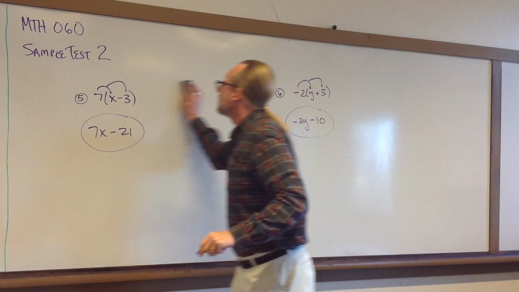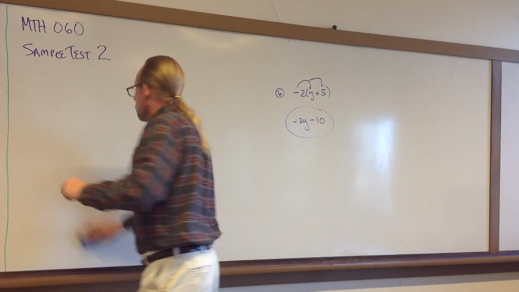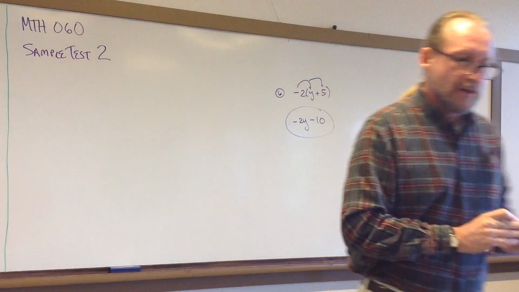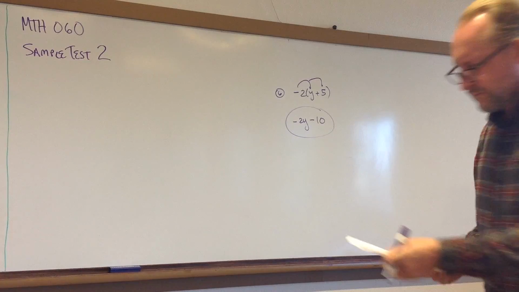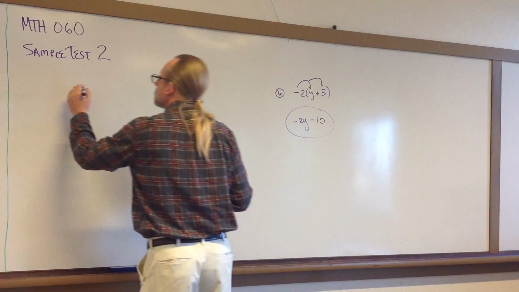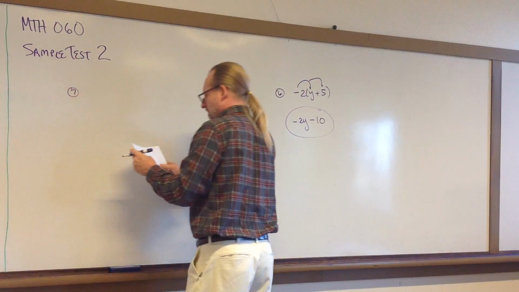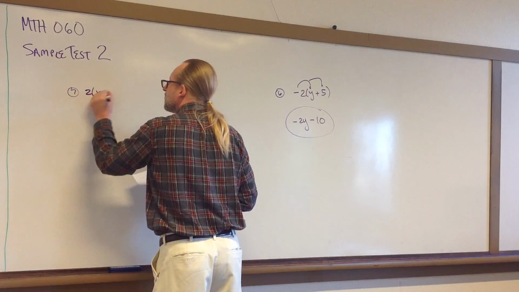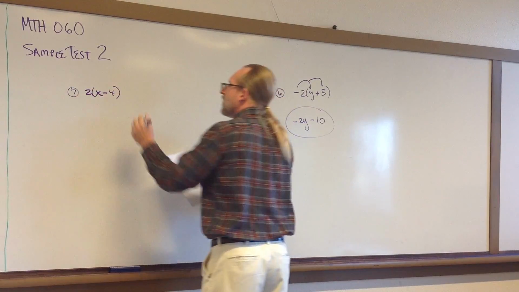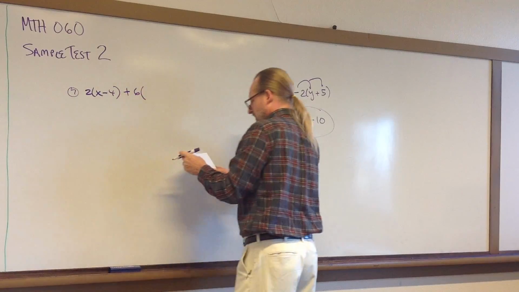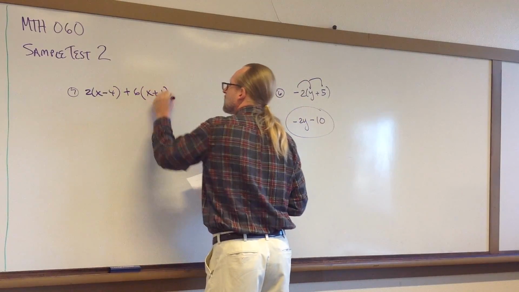All right. A couple more of these. Problem 7. 2 times x minus 4 plus 6 times x plus 1.